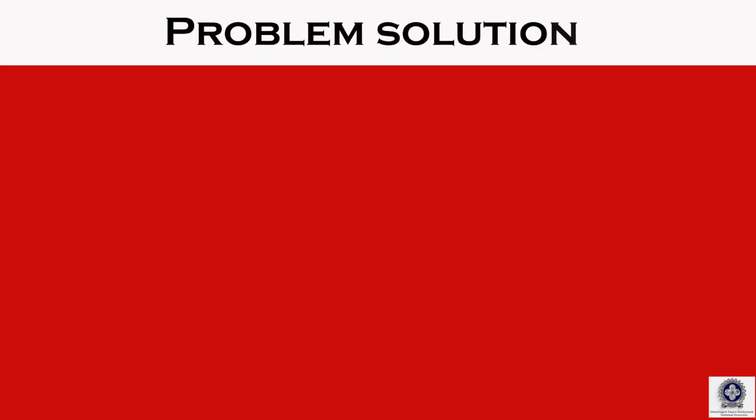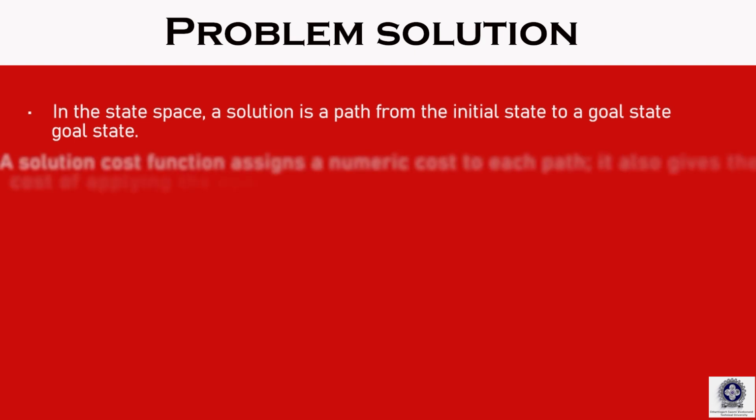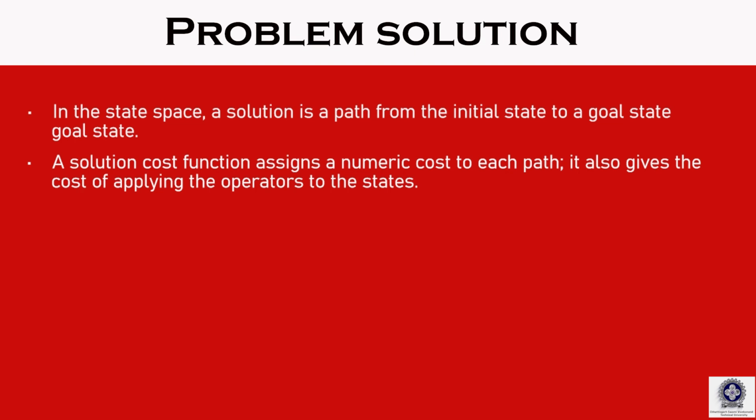Problem solution: in the state space, a solution is a path from the initial state to a goal state, or sometimes just a goal state. A solution cost function assigns a numeric cost to each path. It also gives the cost of applying the operators to the states.